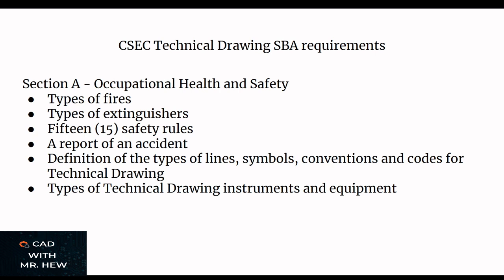Then the next thing we'll be looking at is the types of fires. There are different types of fires, and in this requirement, the candidate will identify the different types of fires. Moving on to the next item, the candidate will look at the different types of fire extinguishers.